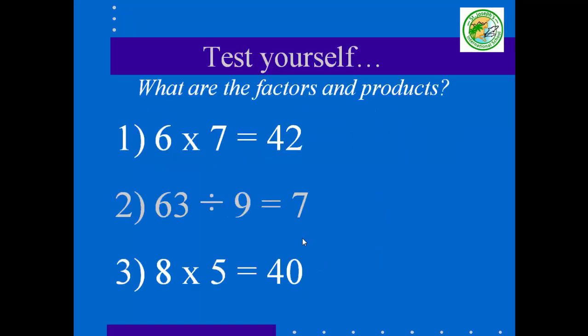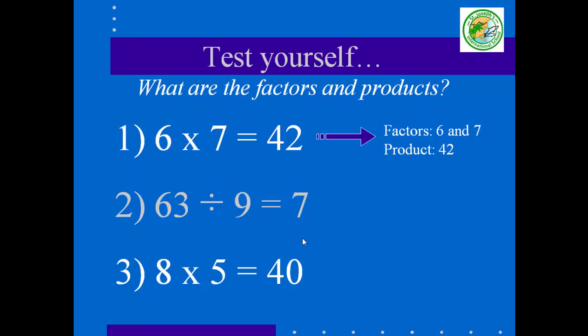What are factors and product? Number 1. 6 times 7 equals 42. Which number is a product and which number is a factor? We said that the answer of a multiplication problem is called product. 6 and 7 are called factors. So the factors here are 6 and 7, but the product is 42.